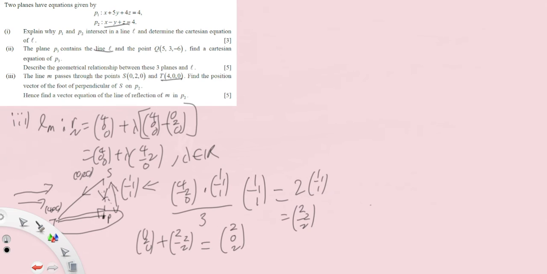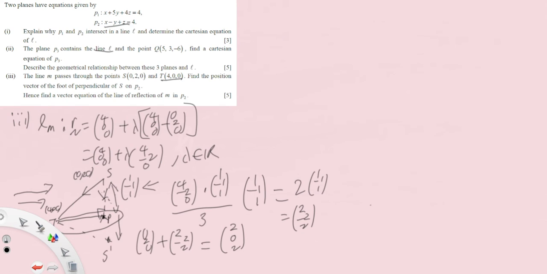Now, hence find the vector equation of the line of reflection of M in P2. Either you use the midpoint theorem or a very simple idea, because the point of reflection is simply this point here, and it's basically the same vector going from P to the point down here. Let's say this is S prime.